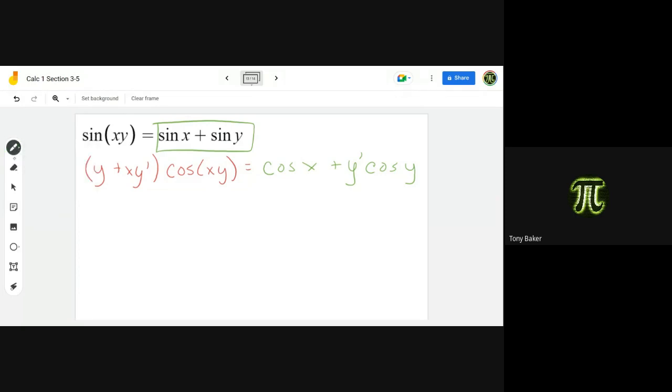All right. Now I've got to get my y primes by itself. So what's the next thing I've got to do? What do you think we should do next? Move this one.